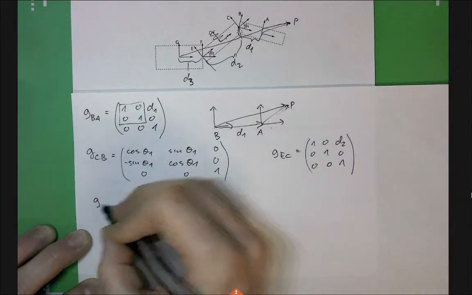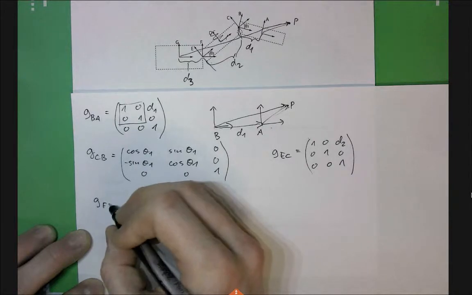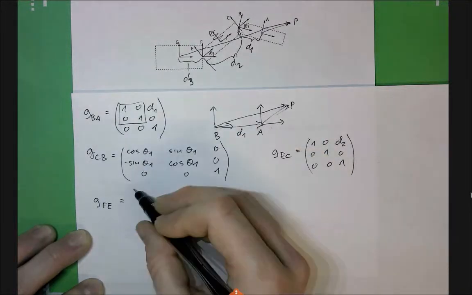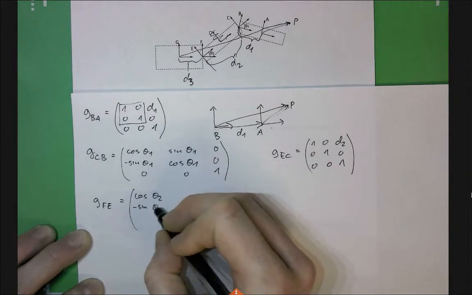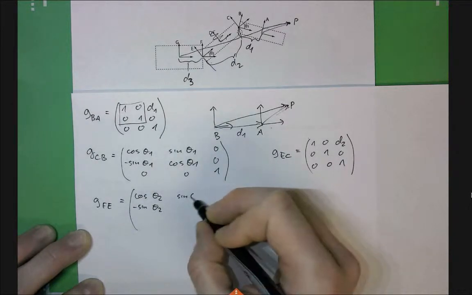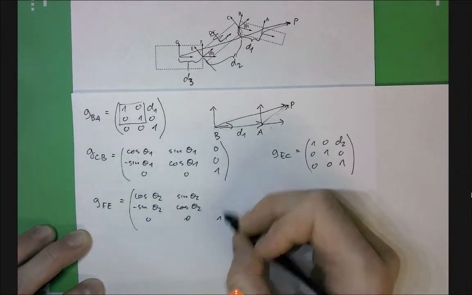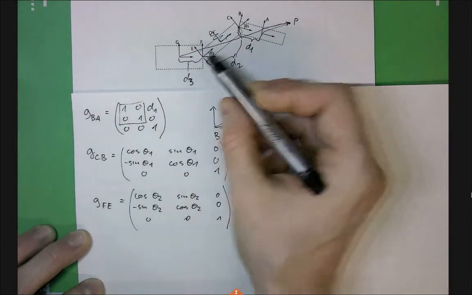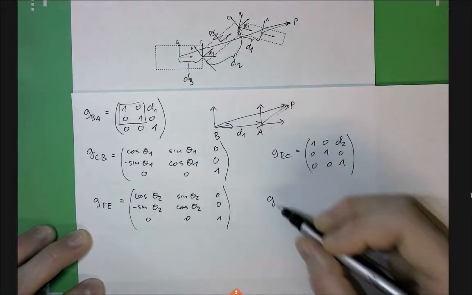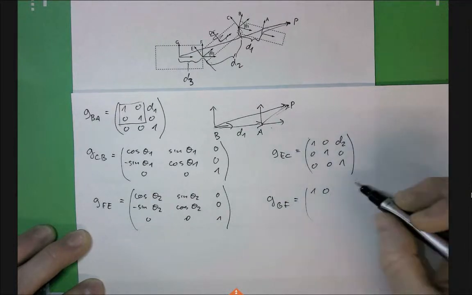Then going from E to F is another rotation, so that's the same thing, just with θ2. And finally, going from F to G, that's just a translation by D3.